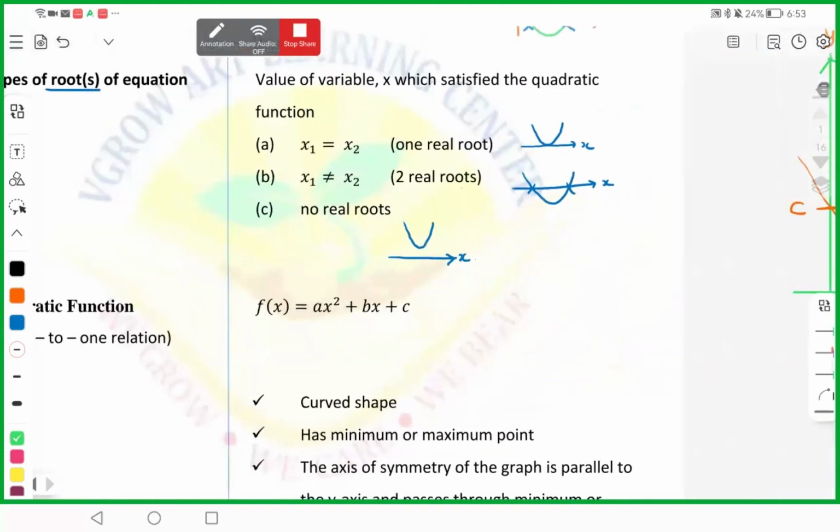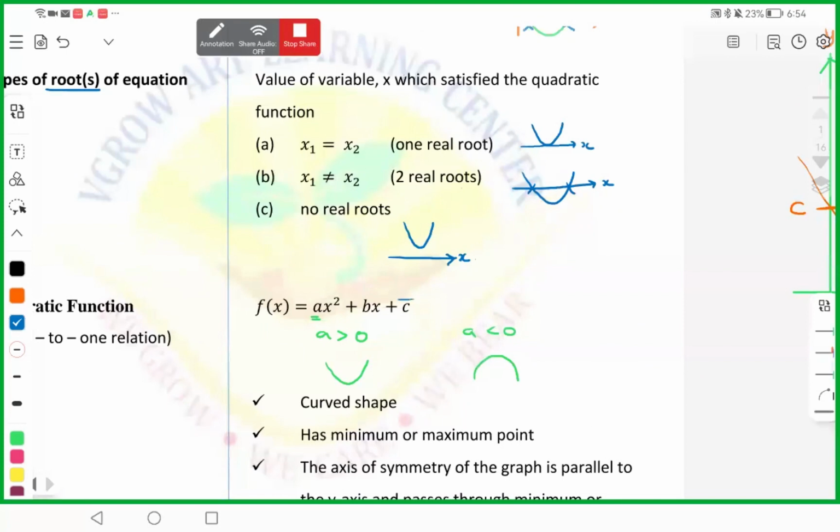In general form, f(x) equals ax squared plus bx plus c. We can check the pattern of the curved line by identifying the value of a. If a is positive, it's U-shaped. If a is negative, it will be N-shaped.